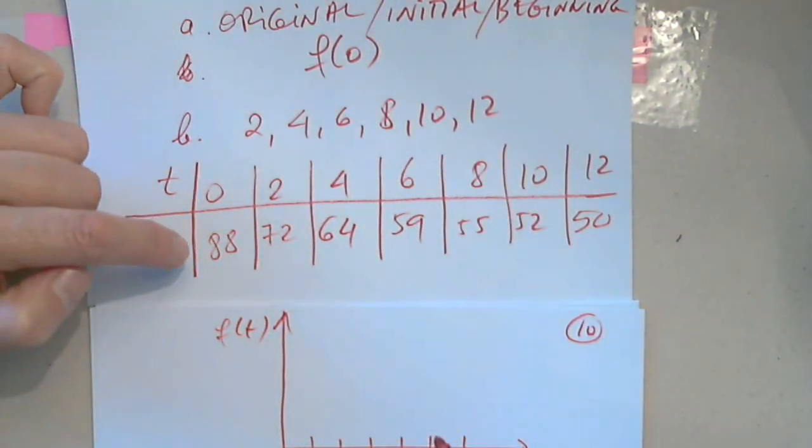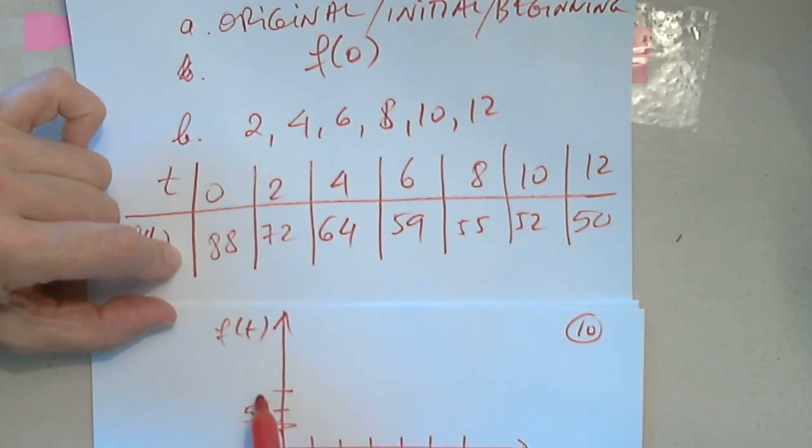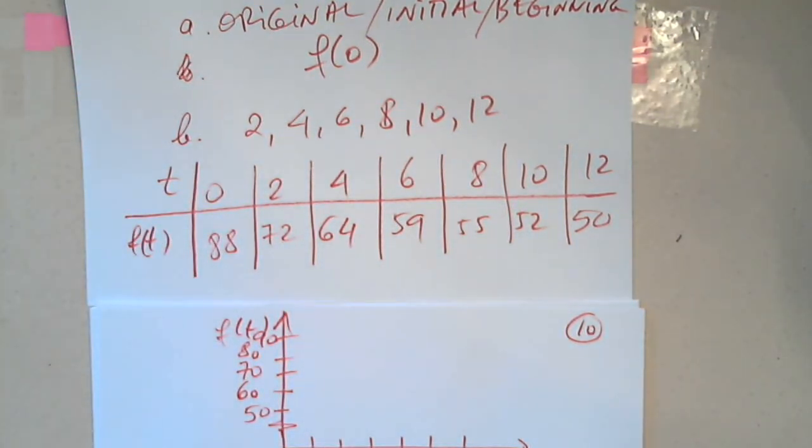Okay, so the smallest is 50, so I'm going to say this is 50. I'm going to break the graph and say this is 50, 60, 70, 80, 90. And I'm going to plot the points. At 0 is 88.